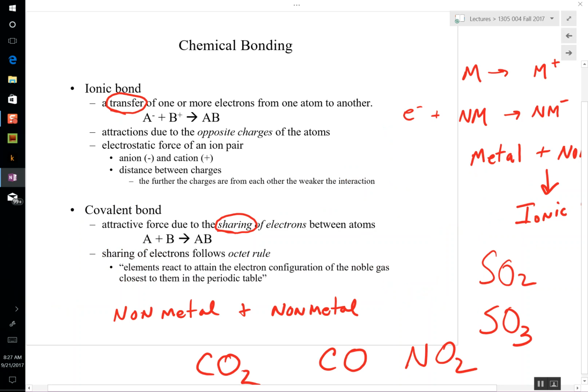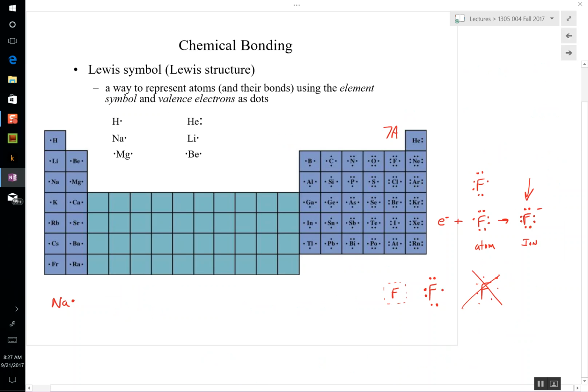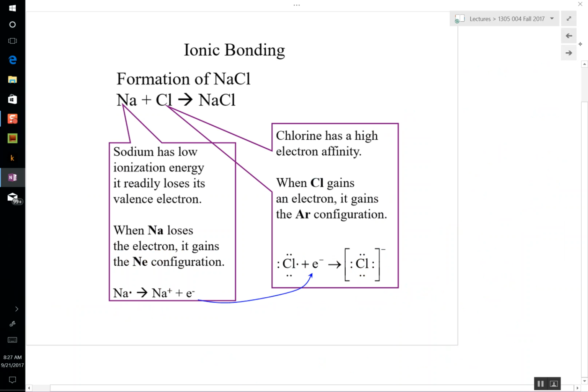What happened? I went back. All right, so how does that happen? So let's look at the ionic bond. We've got our sodium. There it is, the Lewis structure. There's its valence electron. It has a tendency to lose an electron and form a sodium ion. I say a tendency.